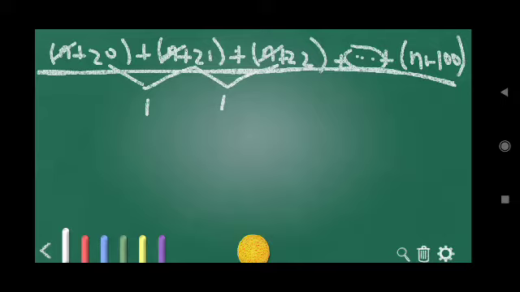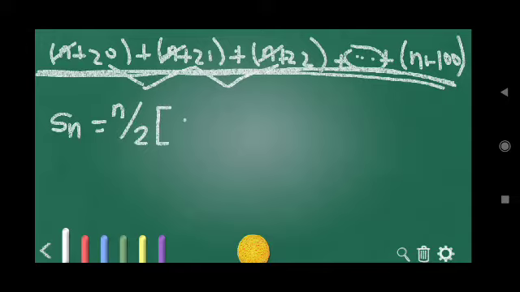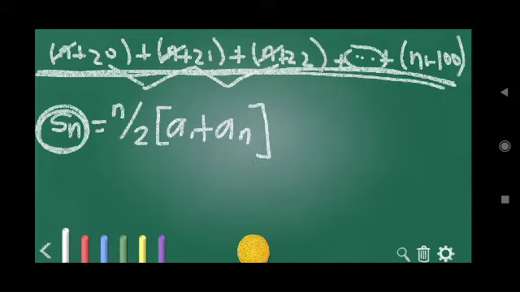Now, since we are getting the sum and the series is arithmetic, we will use the formula for an arithmetic series, which is S sub n equals n over 2 times (a sub 1 plus a sub n). Since we are looking for the sum, we are looking for this variable here, S sub n.